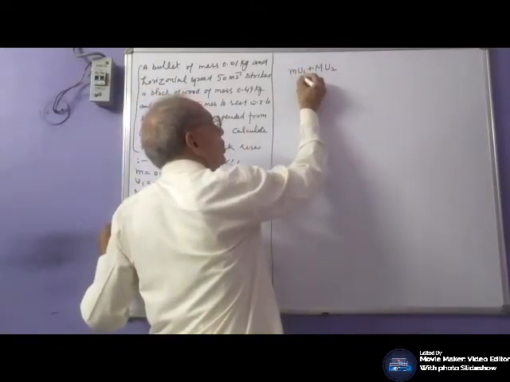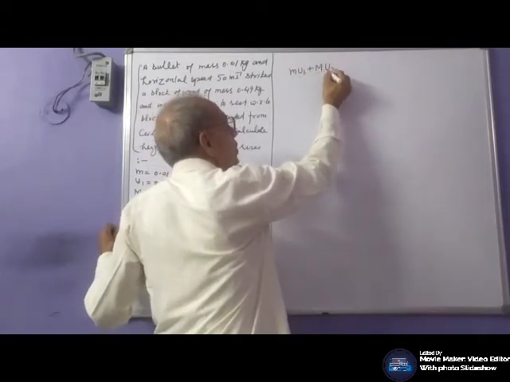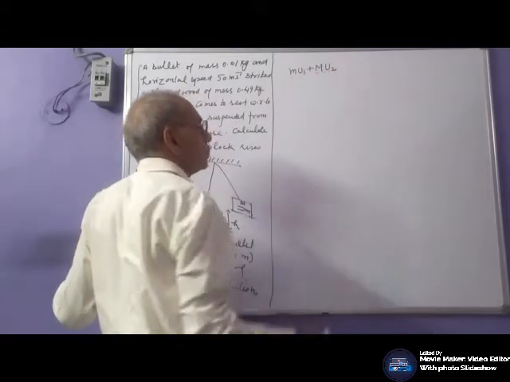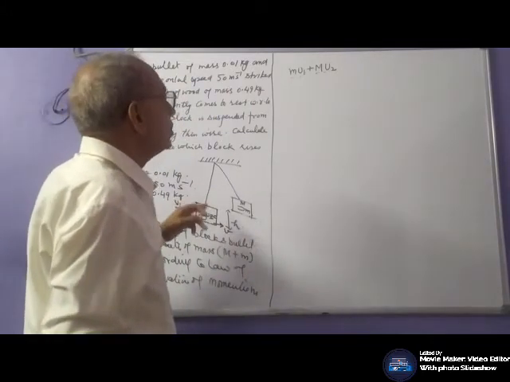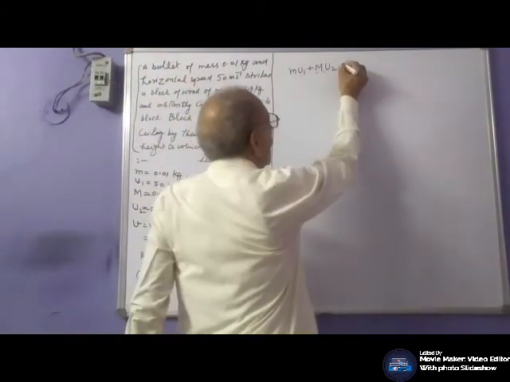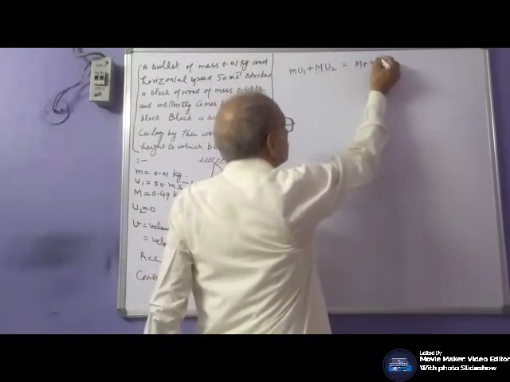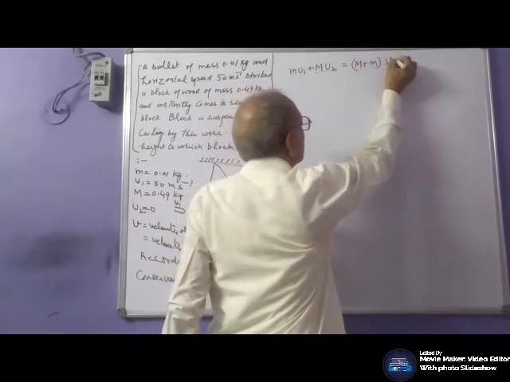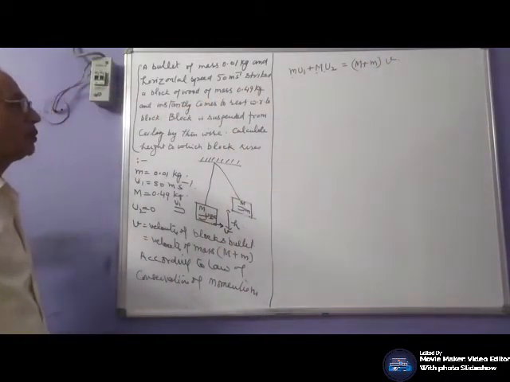This is the momentum of the bullet, this is the momentum of the block. The velocity of the block is 0. After striking, this is the momentum, this is the total mass, this is the velocity.